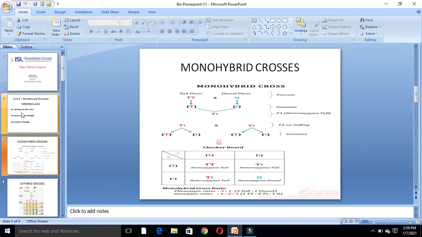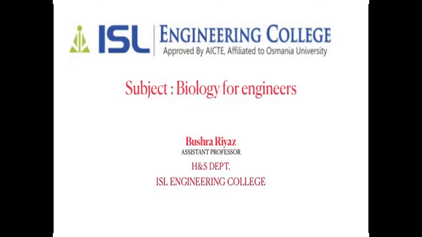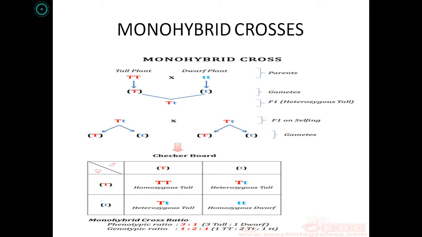Monohybrid cross: mono here is single. The cross between two parents differing in a single pair of characters is known as monohybrid cross.